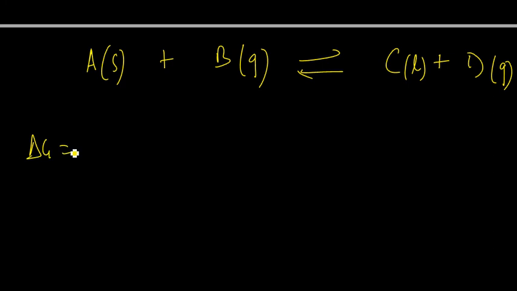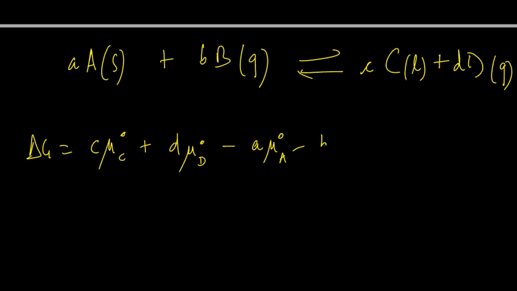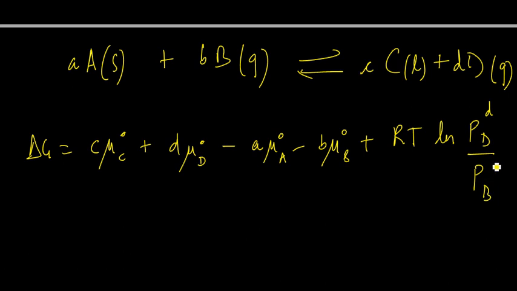Okay, so like the same analysis that we had done, c mu C naught plus d mu D naught minus a mu A naught minus b mu B naught, plus RT log, and in the reaction quotient what we'll have is only the pressure of the products in the gaseous phase to the stoichiometry divided by the pressure of the reactant, that is B, to the power b.